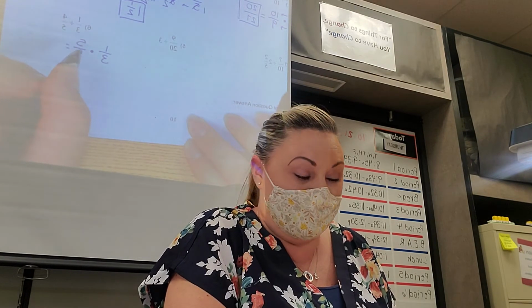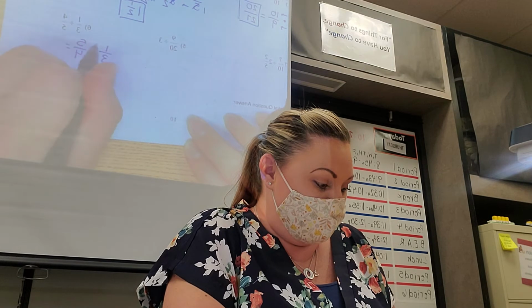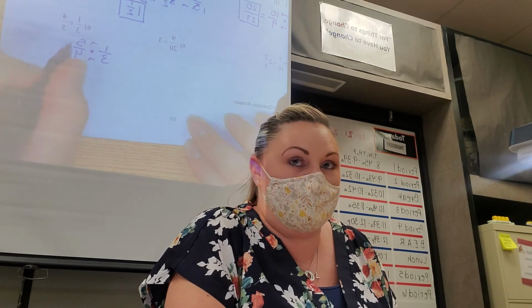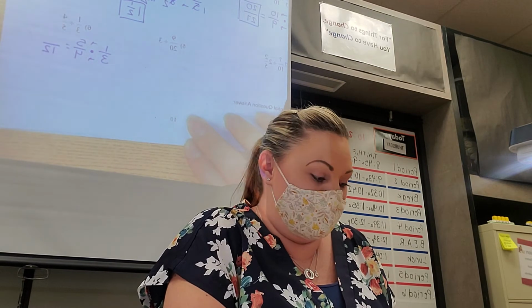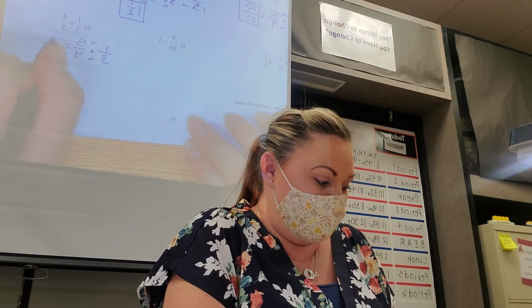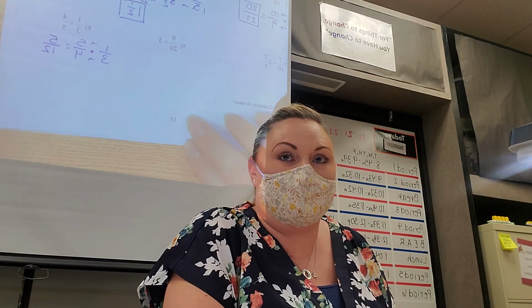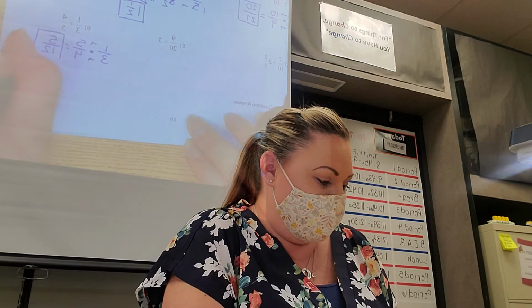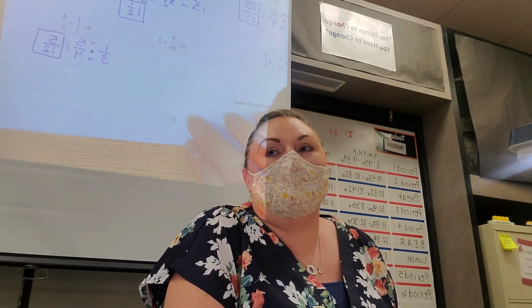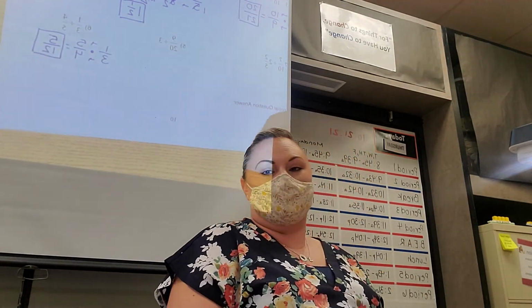No, so multiply straight across. Which means what? 3 times 4 equals 12. 1 times 5 equals 5. Okay. Is that our final answer? Fletcher! Box it up. Good job, buddy.